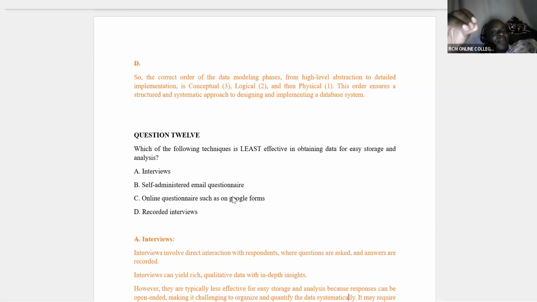So in this case, the least effective, of course, will be the interviews. And if I'm to choose between recorded and just the normal oral interviews, these will be very abstract. Because somebody will give you the story A to Z, and another person Z to A. And at the end of the day, when it comes to storing that kind of information, which is very subjective, it becomes very, very hard.